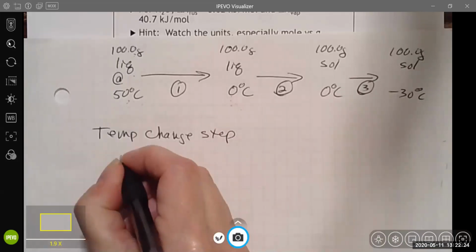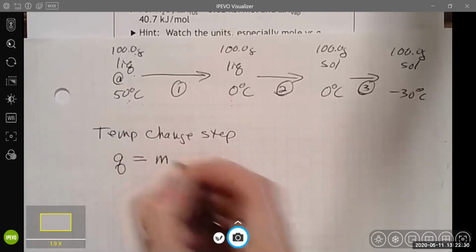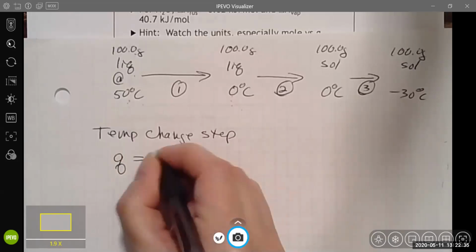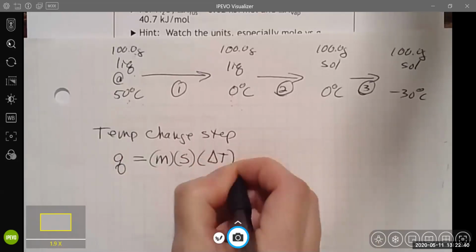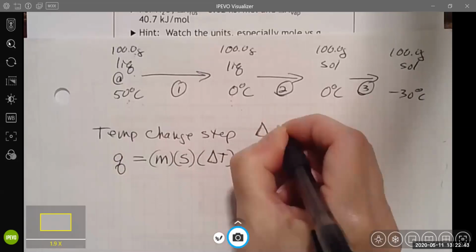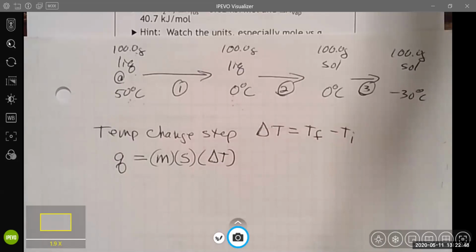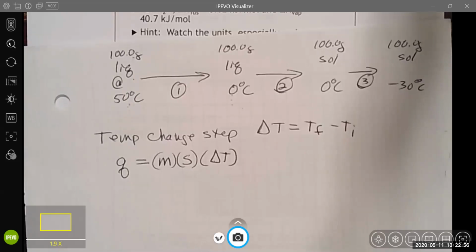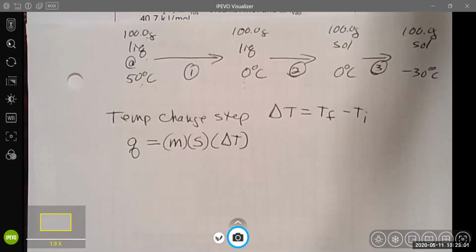The formula is the heat involved is going to be the mass times the specific heat times the change in temperature. And delta T is the final minus the initial temperature. That's where the sign is going to come from, negative or positive, because the mass is always positive and S is always positive. So what's going to give us the sign on the Q, or the heat, is going to be the delta T. So that's for a temperature change step.